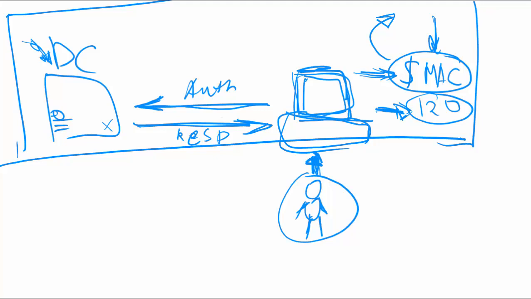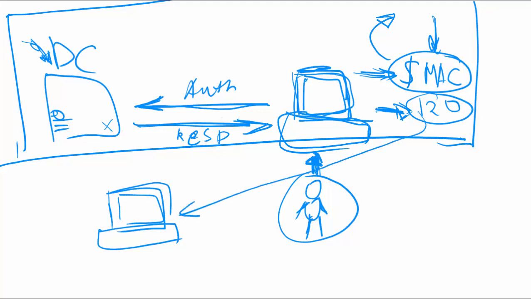You can join a non-legitimate computer to the domain because you already know the computer account password for another computer, but it's a little bit more complicated. Okay, so the main idea here is that right now we know what the machine account secret is.